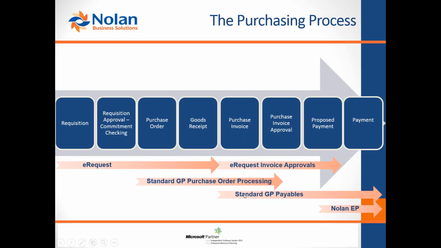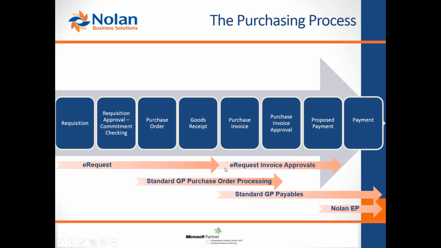We move on from the purchase invoice, and the purchase invoice as part of the standard Dynamics process will move into payables, ready to be paid to the supplier. eRequest has an additional module here where you can optionally send that purchase invoice through a purchase invoice approval process, which it must go through before it can be proposed for payment and payment is made.